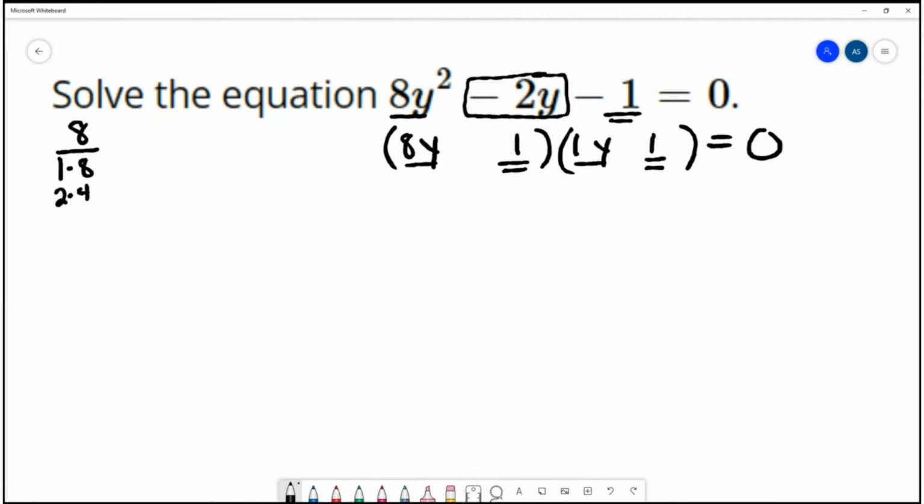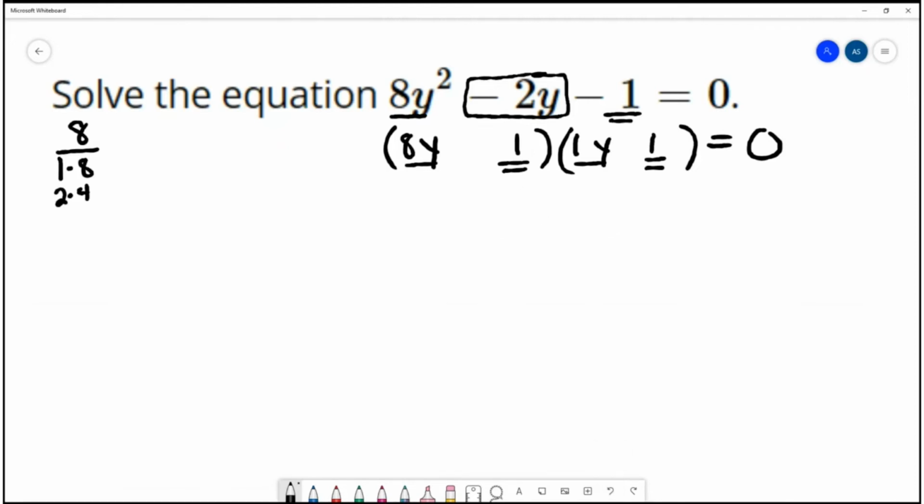I've already made sure that the first term is right and the last term is right, but I don't know if the middle term is right. So I check by multiplying the inside and the outside. That would give y and 8y. If I add those two together, I'm not going to get the right middle term of 2y. So let's try something else.